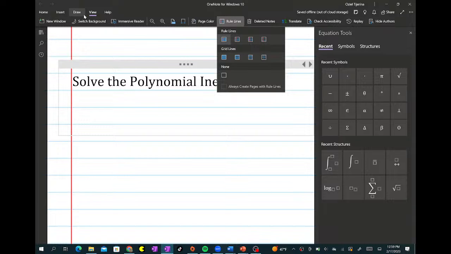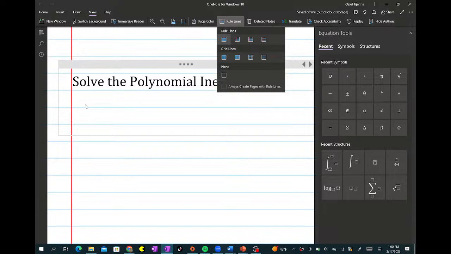The quantity x minus 3 times x plus 1, let me see how it looks, greater than 0.